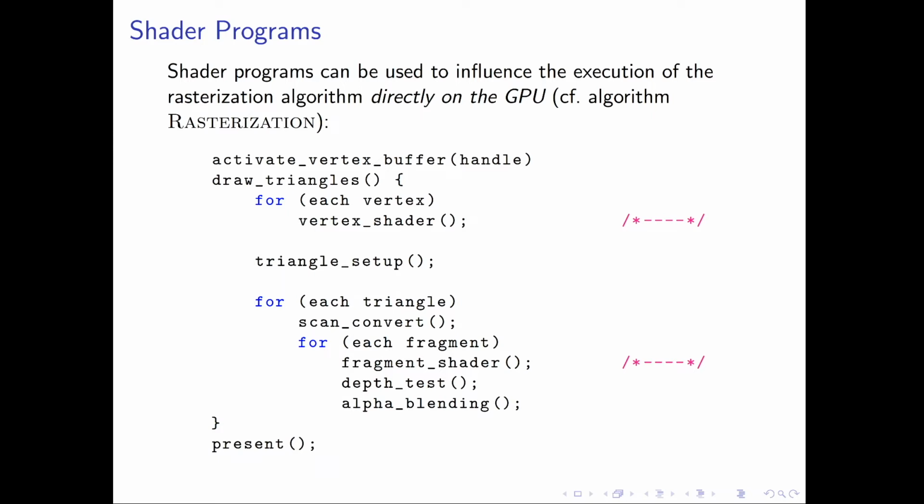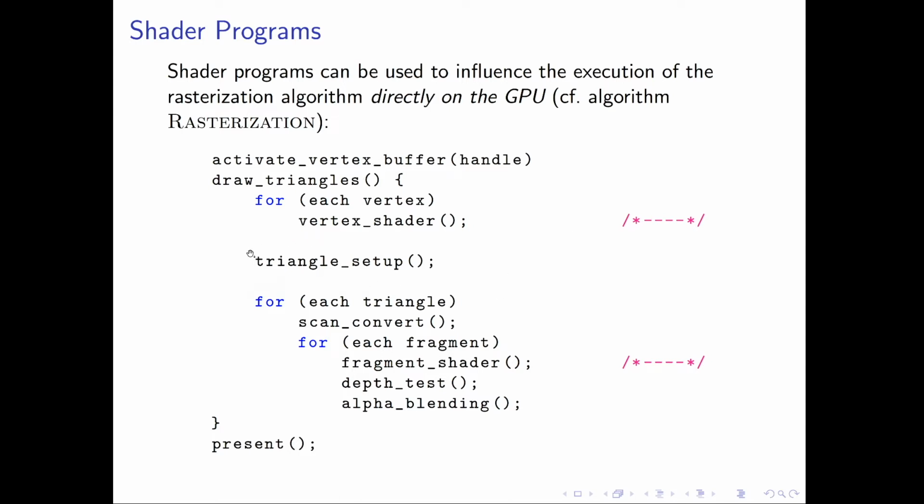For that, we'll consider the formulation of the throughput optimized rasterization algorithm, what we call rasterization algorithm 2. We recall that we have this vertex stage, a parallel loop over all the vertices, and inside that loop we have the vertex shader execution. So this is the one entry point where a shader is being executed.